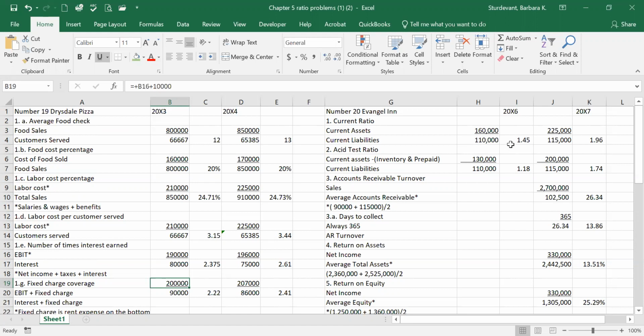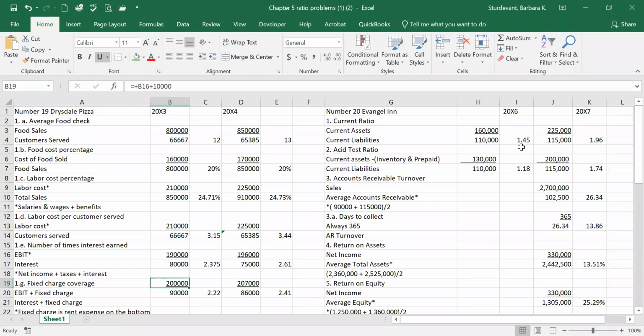So for every dollar they owe, they have $1.45 to pay it off. 2007 looks even better. Again, current liabilities on the bottom, current assets on the top. So our current assets have increased. Almost all of our accounts increased except the prepaids. And so therefore we look a little better here. We've got almost $2 to pay off every dollar that we owe.